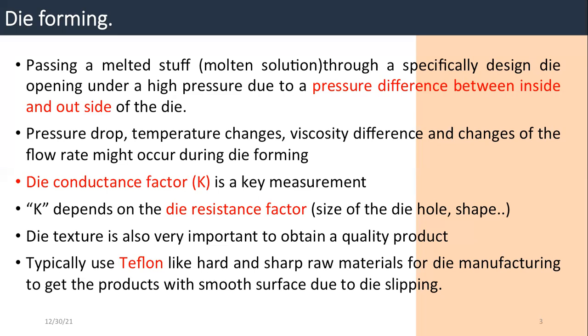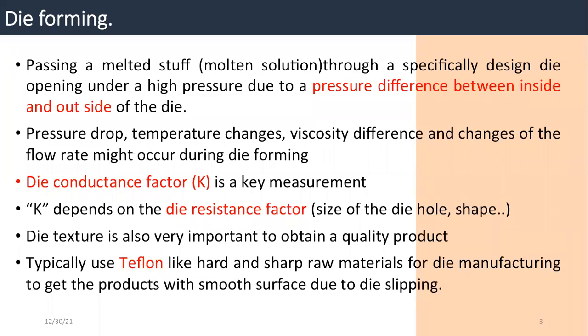Then the ingredients will move through the barrel due to the pressure, and due to the shear force the raw materials will move, and the temperature is also there. As a result of the temperature, the raw material and its texture will change. The melted stuff, the scientific word is molten solution.